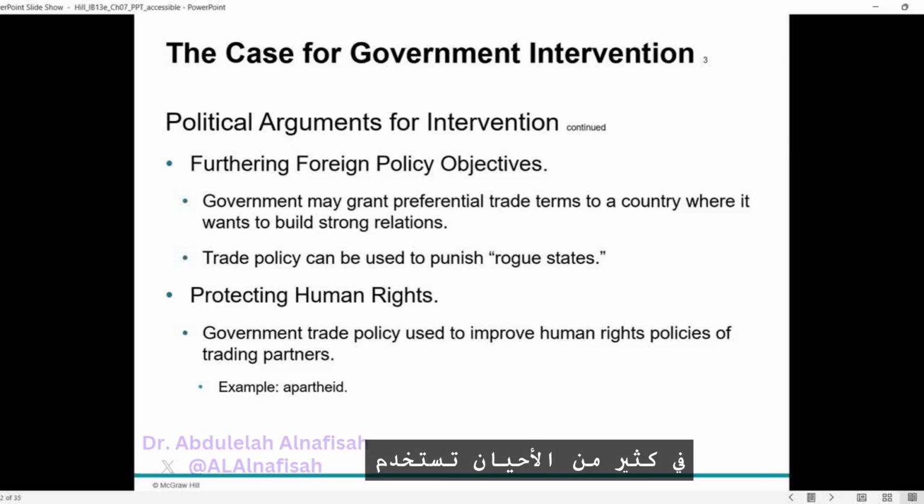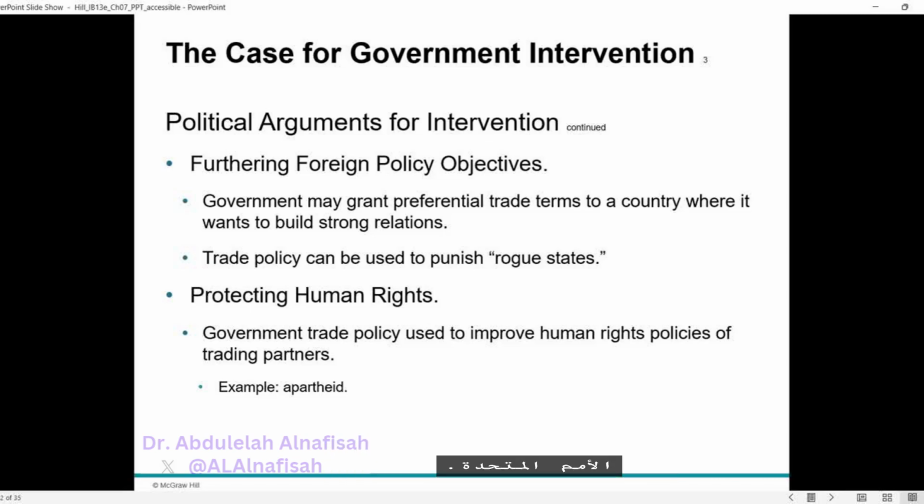Governments often use trade policy to achieve foreign policy objectives, either by granting favorable trade terms to strengthen diplomatic ties or imposing sanctions to punish rogue states that violate international norms. For example, Iraq faced severe trade sanctions after the 1991 Gulf War, aimed at pressuring compliance with UN resolutions.